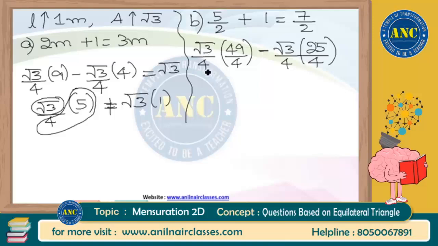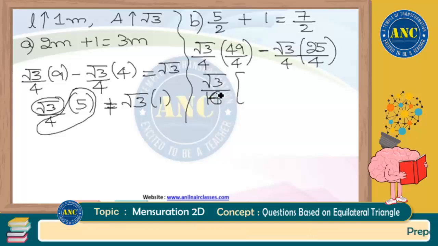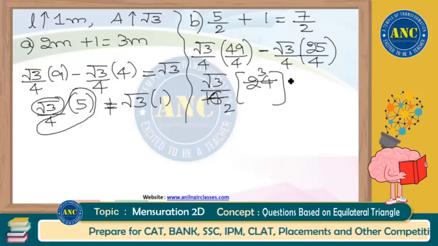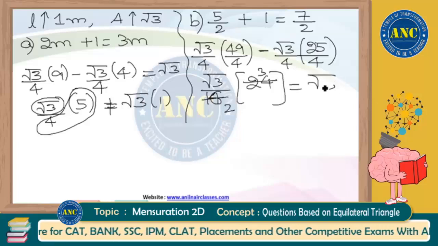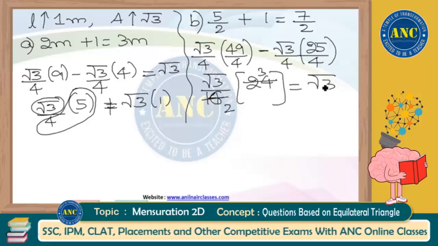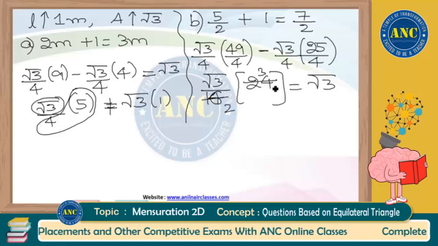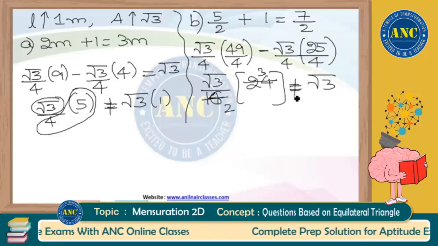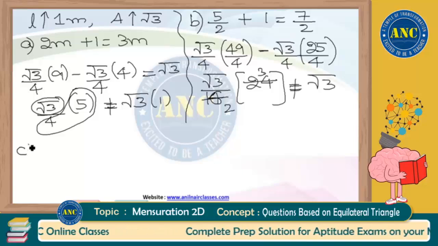For the difference, if I take root 3 by 16 as common factor, 49 minus 25 is 24. So this is 8 into 3. The question says it should be equal to root 3. Is 3 by 2 root 3 equal to root 3? No, it is not equal. Ruled out.